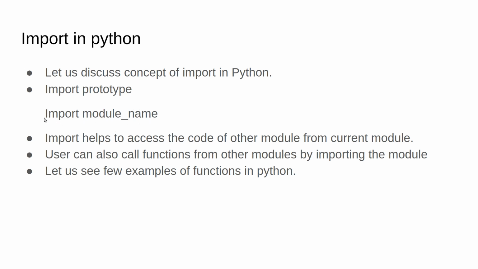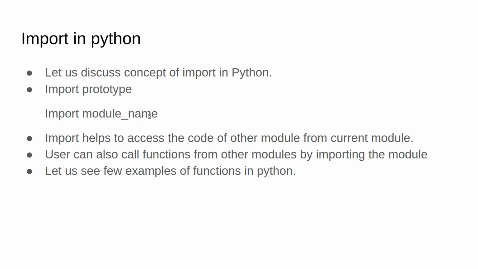module. Import is a keyword, and import is similar to, for example, programming languages like C and C++, where we write hash include stdio.h or hash include a library file. This is similar to that in Python. So here we import the module name.